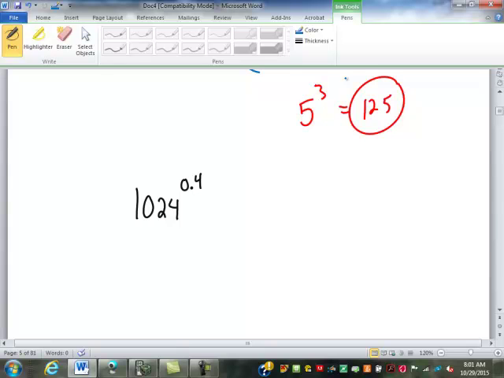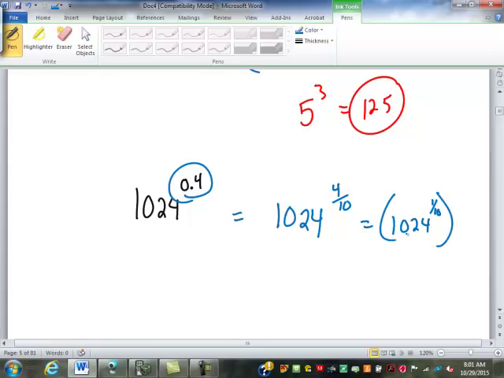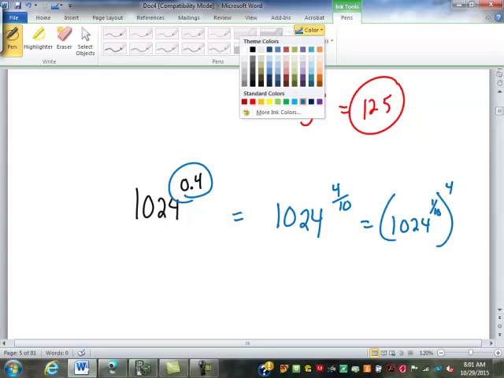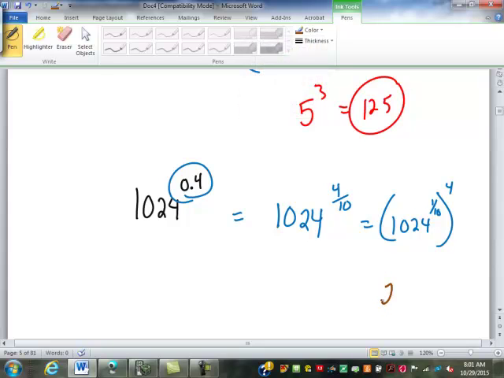So why? .4 is written as a decimal, but every decimal is really a fraction. It's 4/10, right? So now that can be split up into 1,024 to the 1/10, to the power of 4. 1,024 to the 1/10 is 2. To the power of 4 is 16.